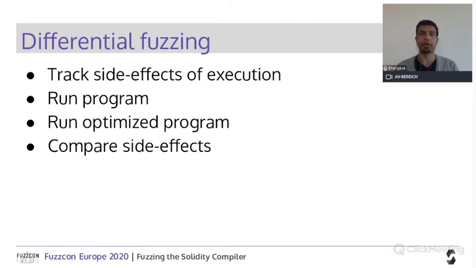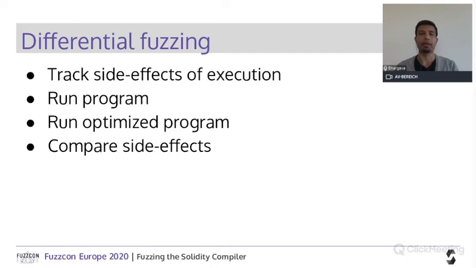We use differential fuzzing. What this means is essentially we take the input that is generated by the fuzzer, which is a valid Yul program. We track its side effects using an interpreter. So we run the original program, and then we optimize the same program by compiling it and optimizing it, and also obtain the side effects by interpreting it.